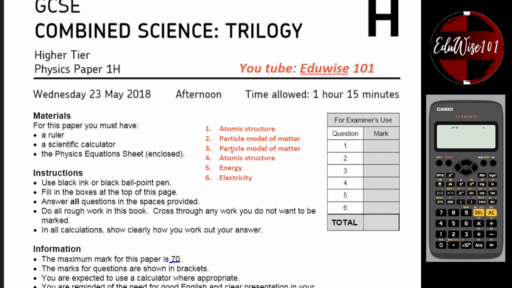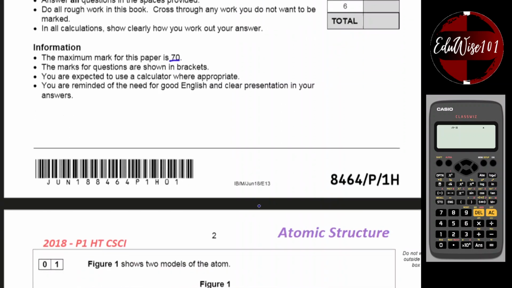Question number 2 and 3 are related to the particle model of matter. Question 4 is atomic structure again. Question 5 is related to energy, and question number 6 is related to electricity. Remember, there are 4 major topics for paper 1 that come up in this exam. So let's have a look at question number 1.